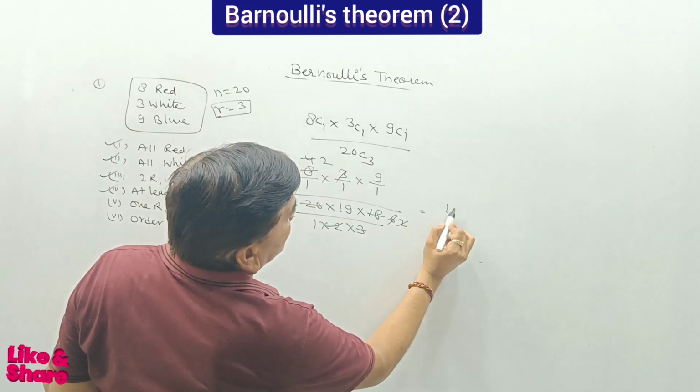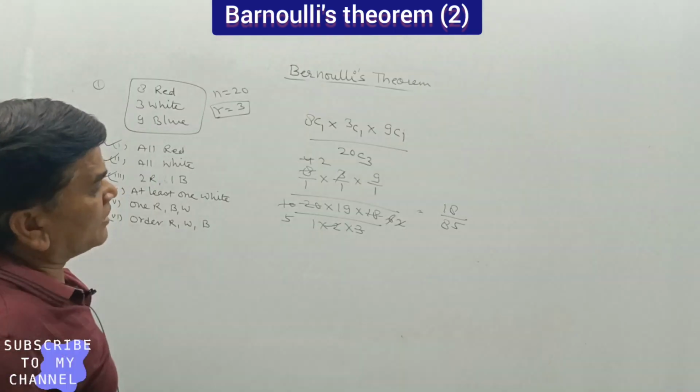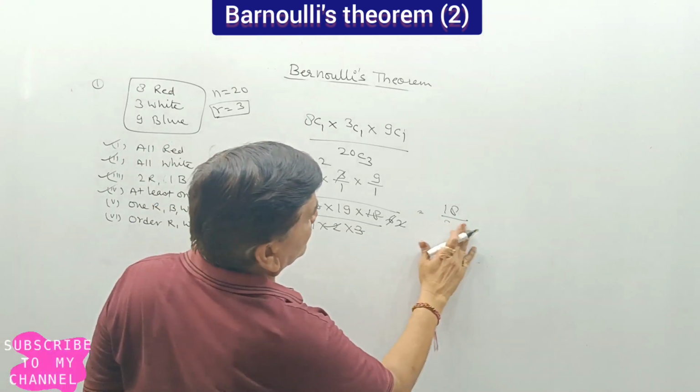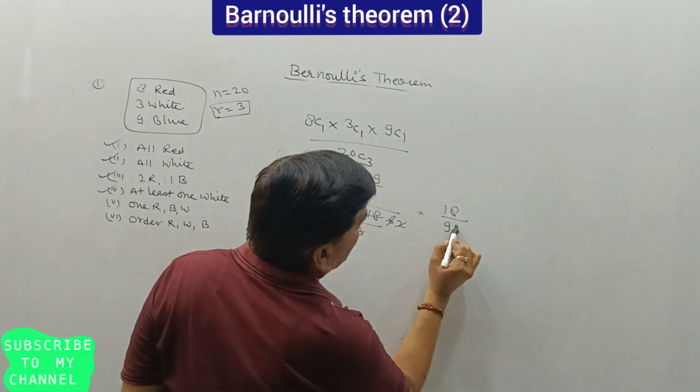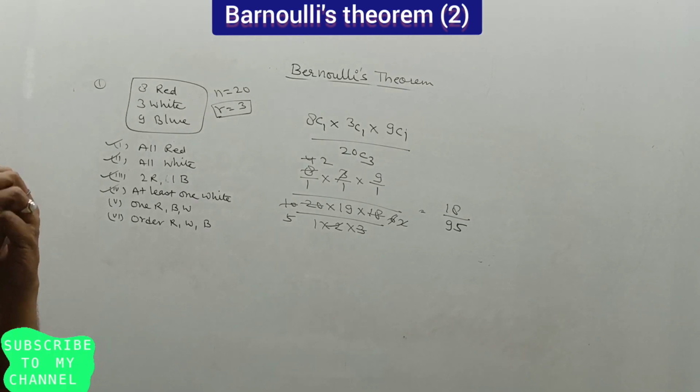So that is 18 divided by 85. 19 5 ja 95. So there will be 18 divided by 95.